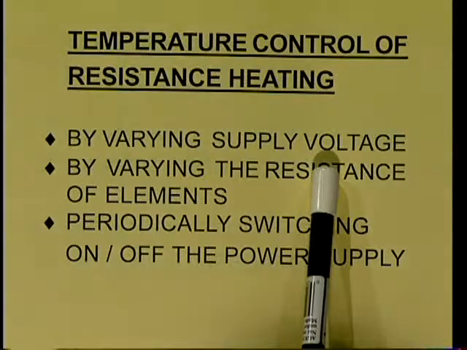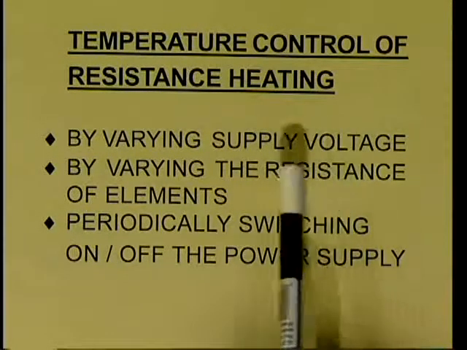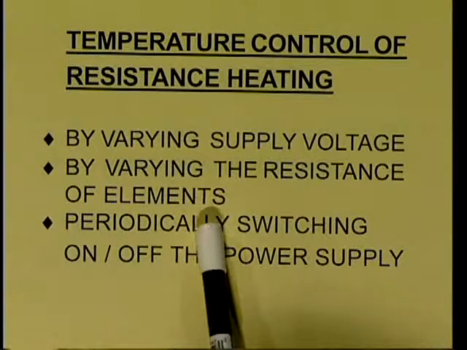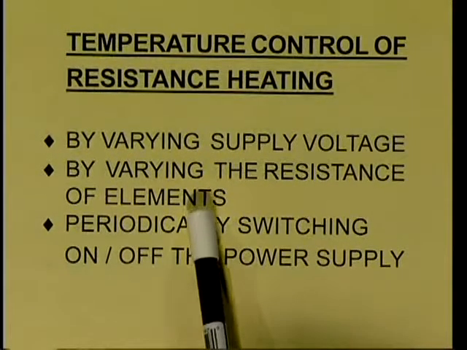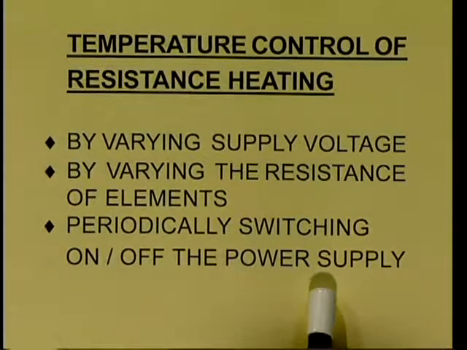We can control the temperature by varying the supply voltage. Second, by varying the resistance of the elements. By changing the number of resistance elements, we can vary the temperature. Third, by periodically switching the power supply on and off. We will now see these methods in detail.